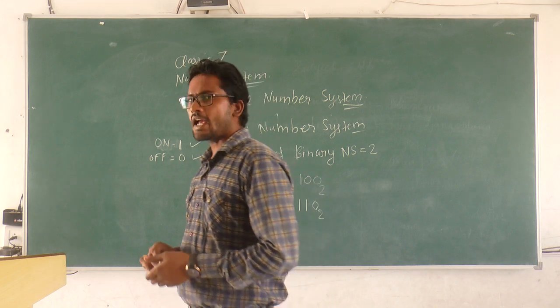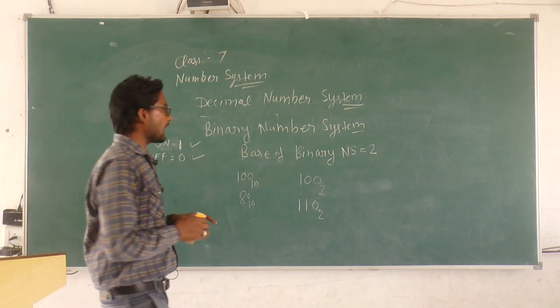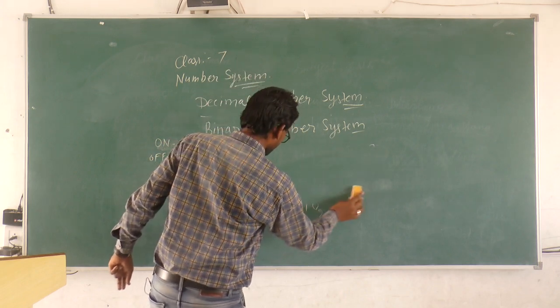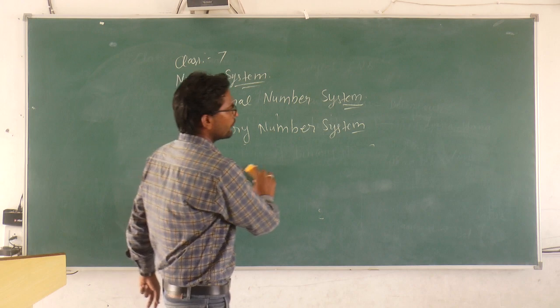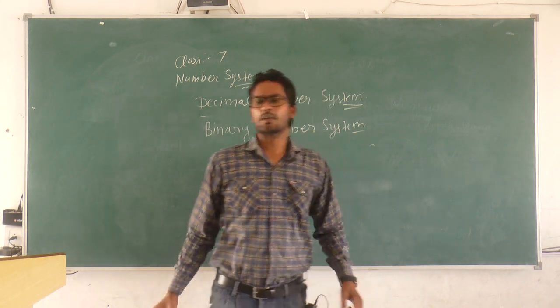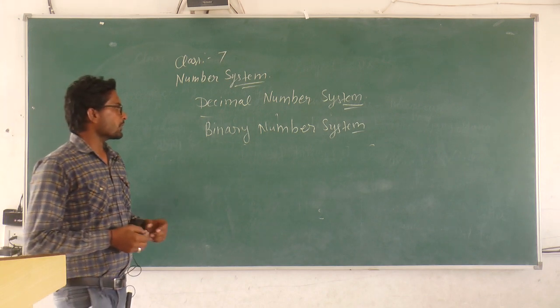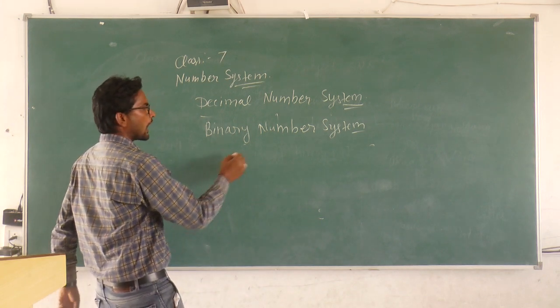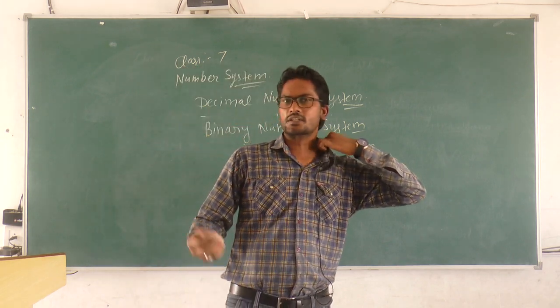Okay. Now, as in the decimal number system, we can do multiplication, addition, division, and subtraction. All of these mathematical operations we can also do in the binary number system. Suppose, friends, here is how we can add. In the decimal number system, you know what the mathematical operation is.